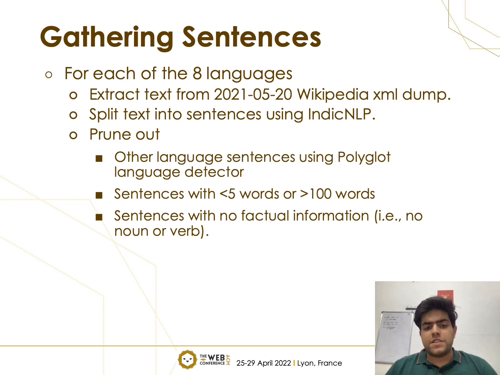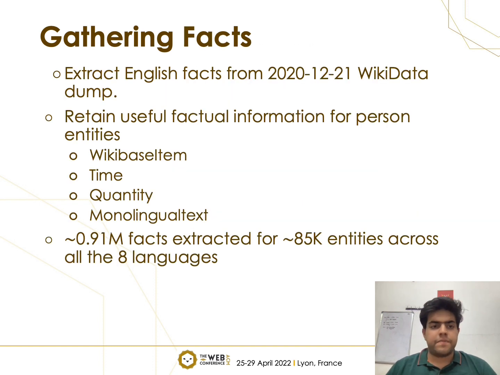In order to establish a filter for factual information, we basically use sentences which have at least one verb or one noun present inside them. Second, we gather facts which would then be aligned with the previously gathered sentences. For these facts, we extract English facts from the December 2020 Wikidata dump.